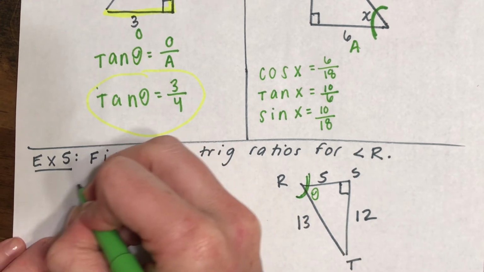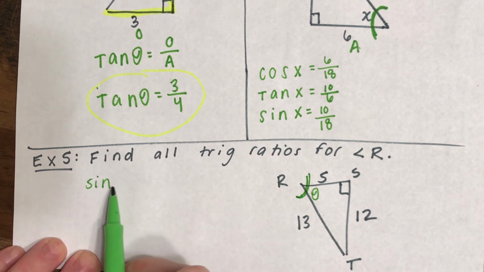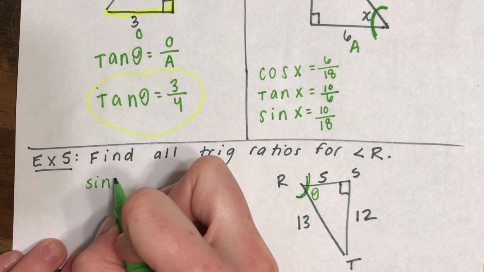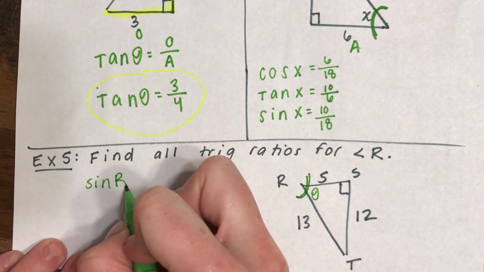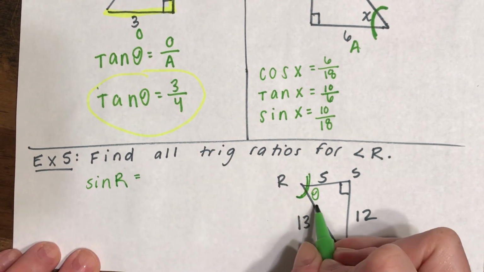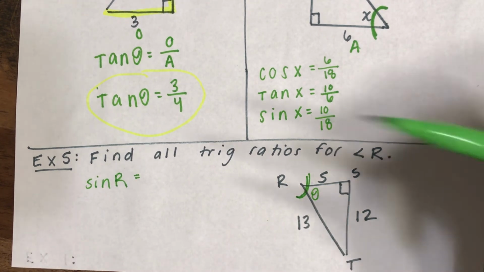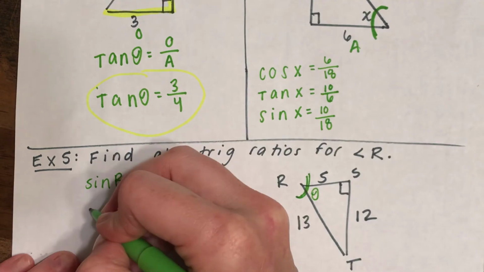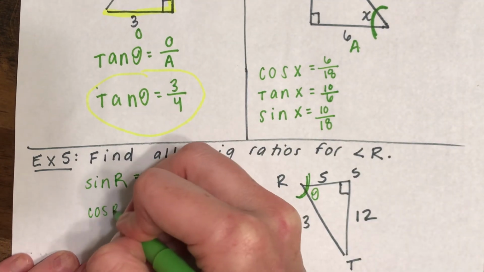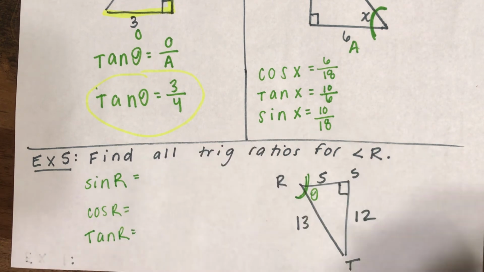All right, so we are finding the sine, and hey, right here we could put theta or R. I'm just going to use angle R, okay, which represents our theta. You could use theta, it's just up to your preference. Okay, so the sine of R, the cosine of R, and then the tangent of R. We are finding all 3.